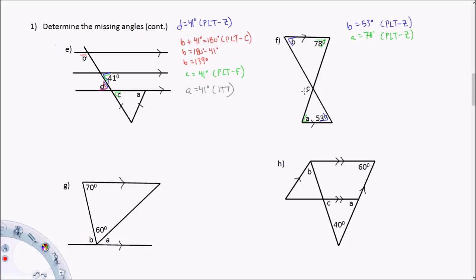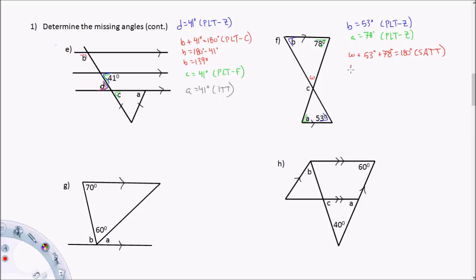And now we want to find C, but to find C, we maybe need to first find one of these two angles in here. So we can use the sum of the interior angles of a triangle theorem, either in this triangle or in this triangle. Let's label this maybe W. So if we added W plus B, which is 53 degrees, plus 78 degrees, we know that we would equal 180 degrees because of the sum of the angles in the triangle theorem.